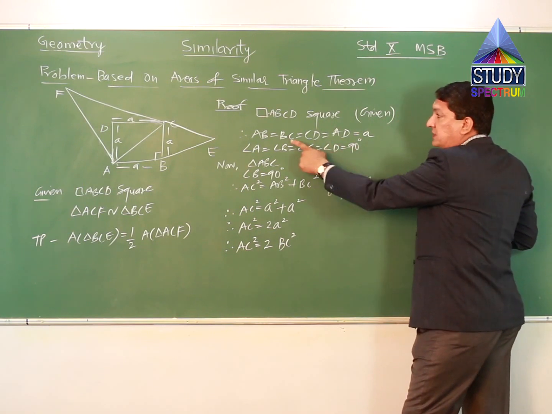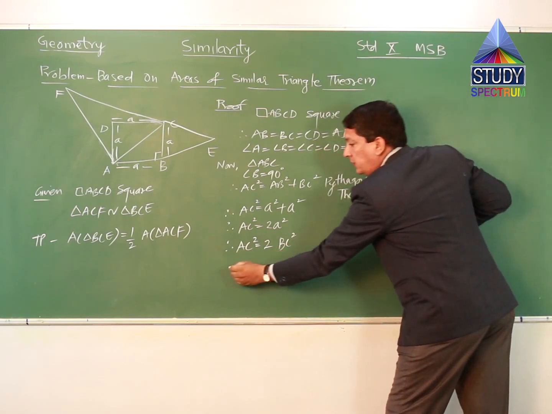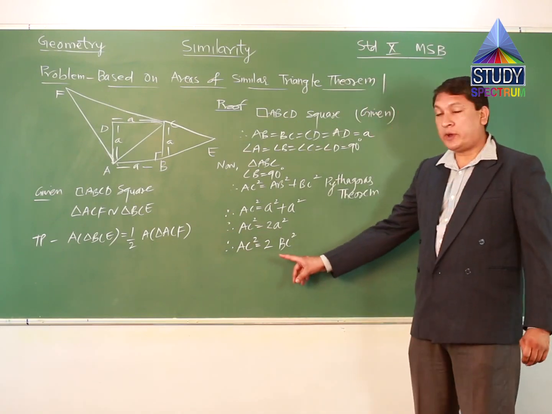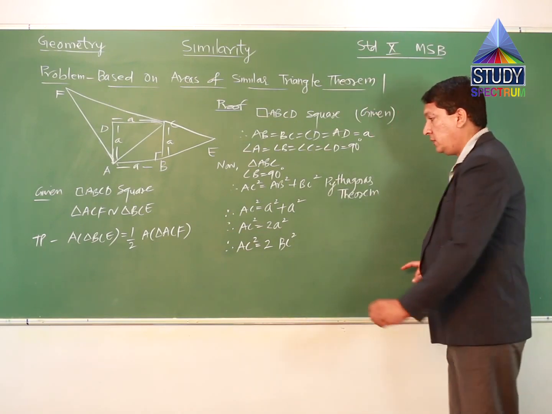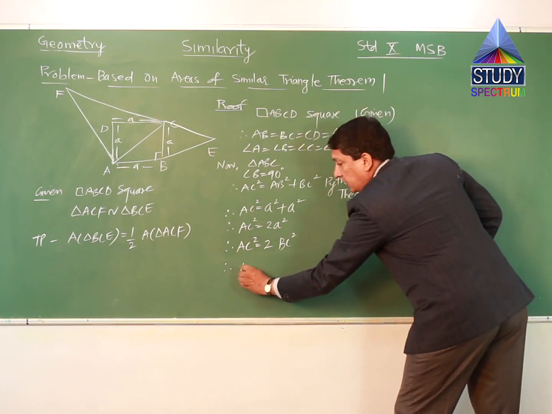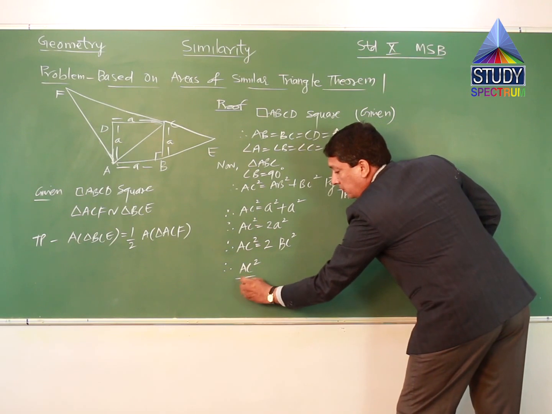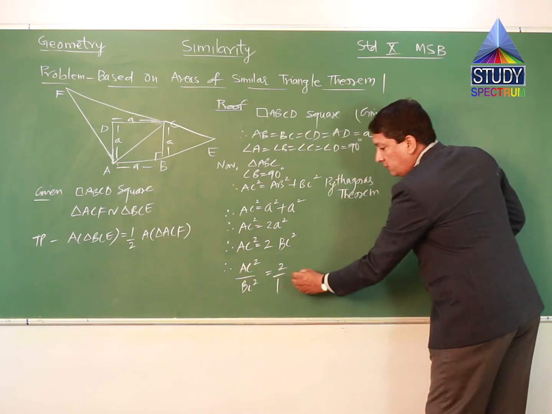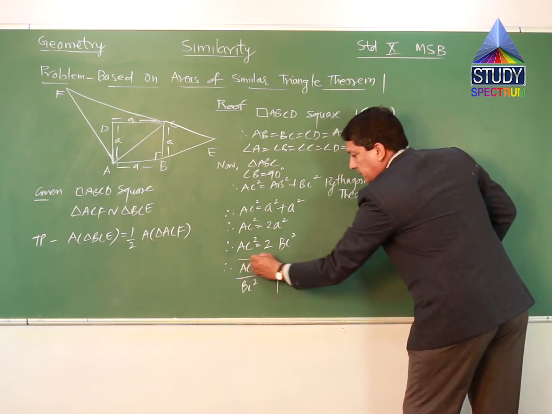Why? Because BC is a. Therefore, AC square is equal to 2 BC square. So if I want to write this in a fraction way, I can write AC square upon BC square is equal to 2 upon 1. We'll take this as first equation.